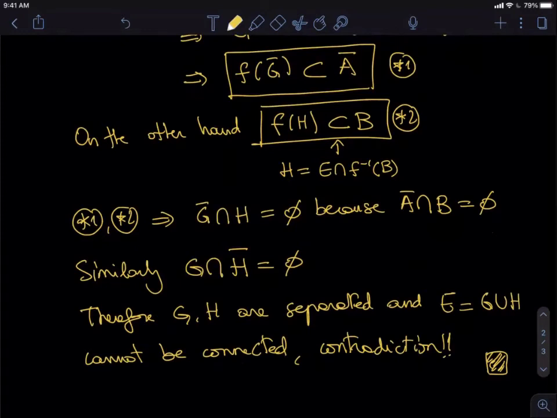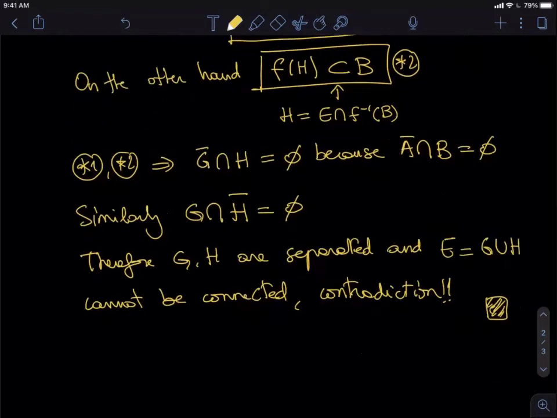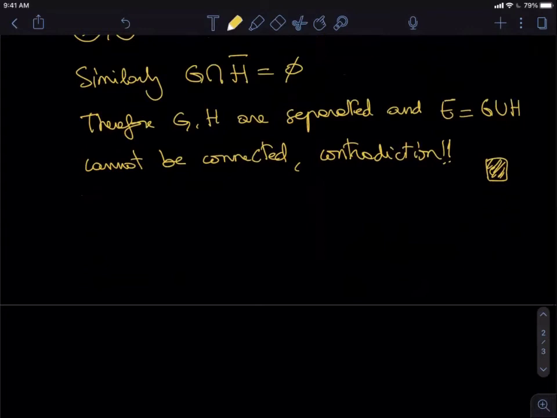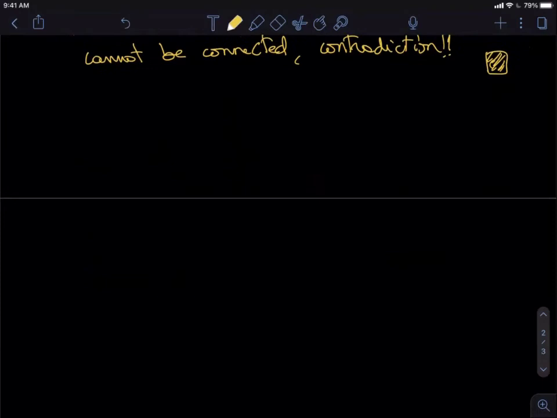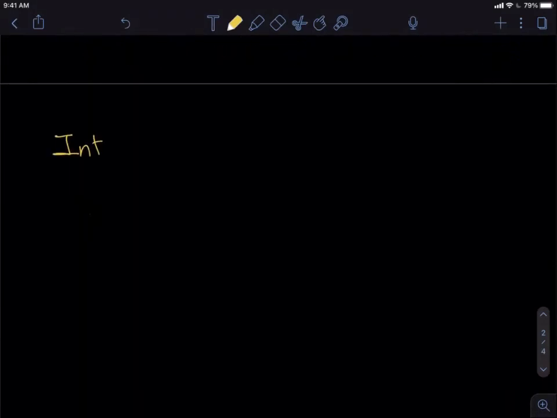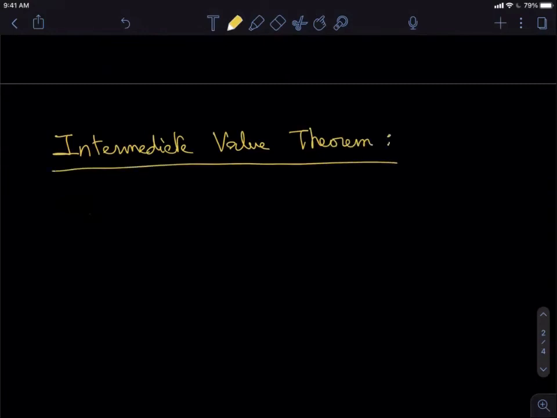Now, a very interesting consequence of this theorem is the intermediate value theorem from Calc 1. What does it say?